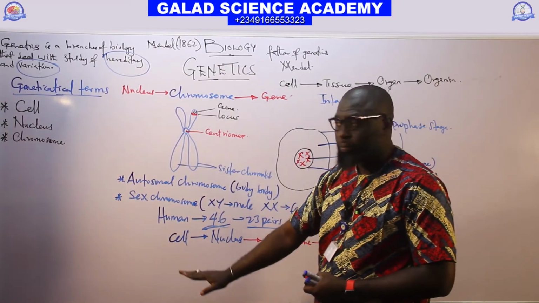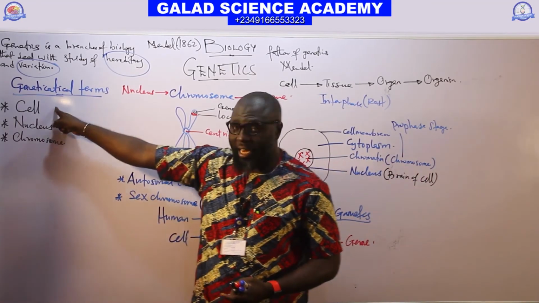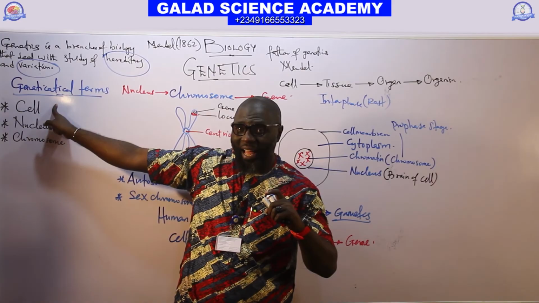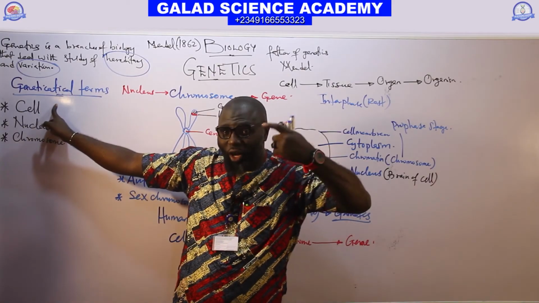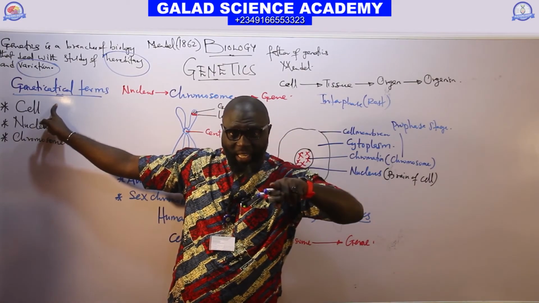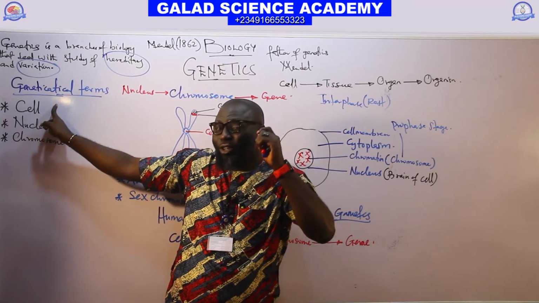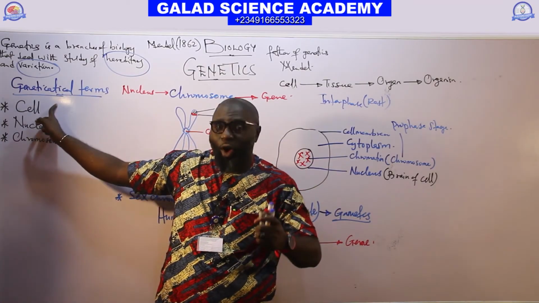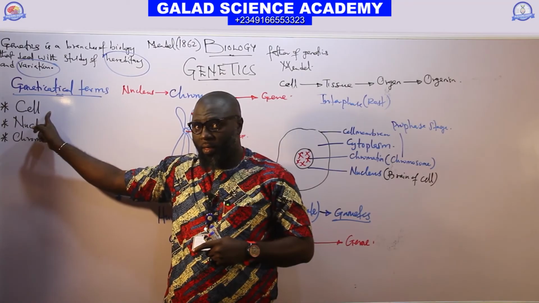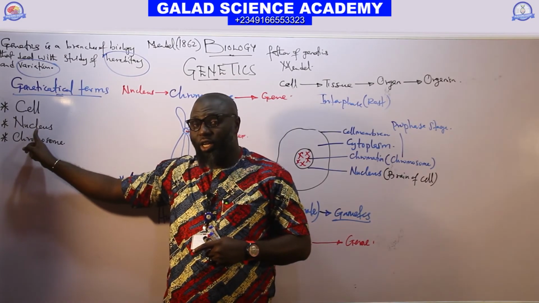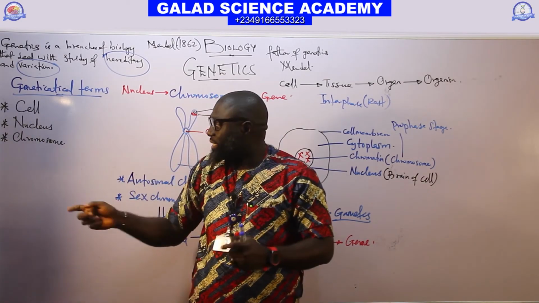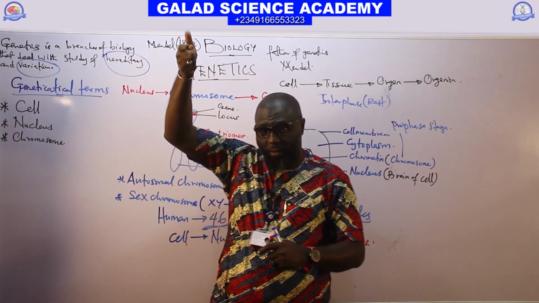Once again, cell is the basic, structural, and functional unit of life. All living organisms depend on cell. The cell contains nucleus. Nucleus is a spherical organelle in the cell that controls all the activity of the cell.